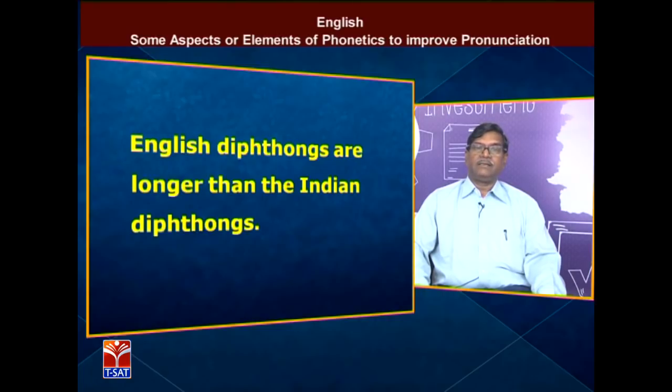In Indian languages we say I or ow in a short way; here in English, how, now, they are longer and uttered with a strong accent. There is accentuation. We come to that aspect sometime later.